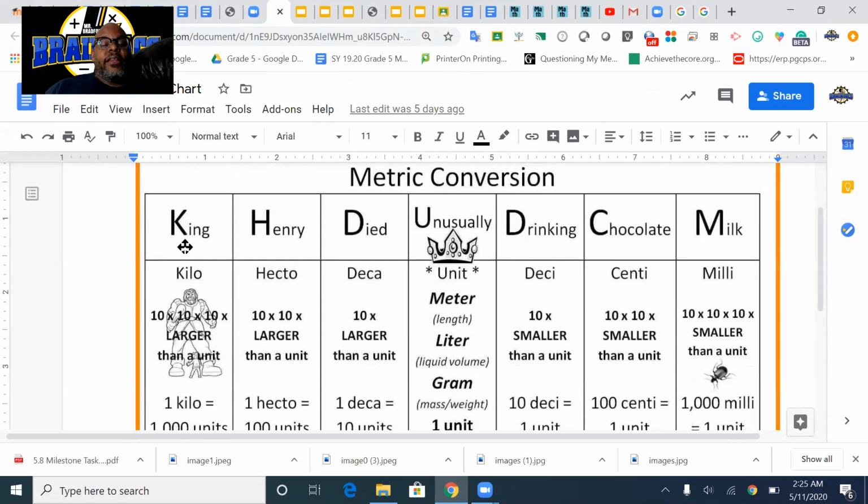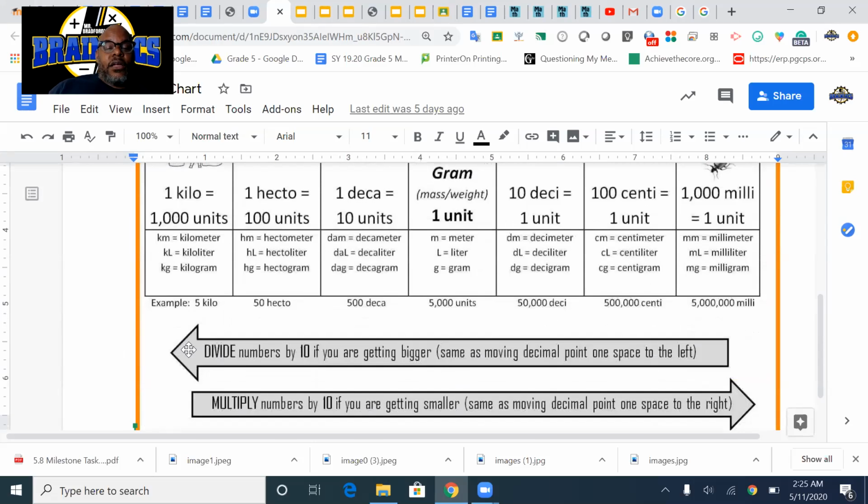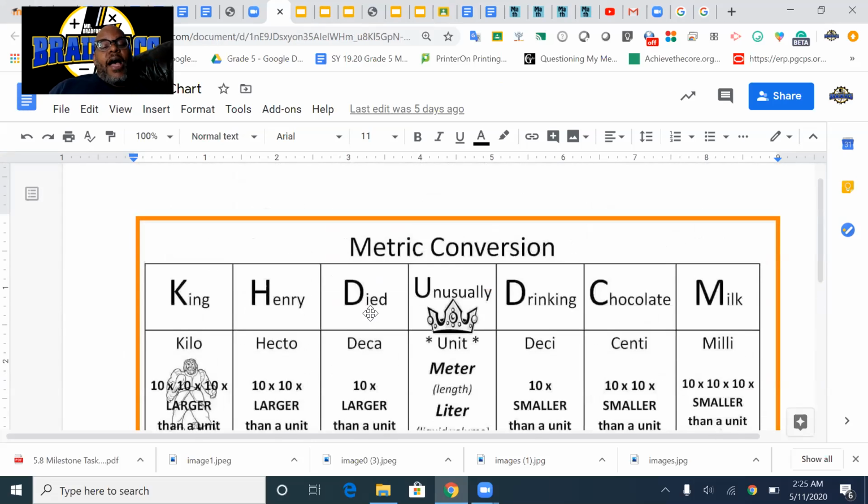So you're going to be multiplying the numbers that are kilometers by 1,000 to equal the number of meters. If you decide to go from meter to kilometer, you're going to be dividing, because you're going from smaller to larger, by 1,000. You choose. It's your choice. But remember, you must answer the question completely.